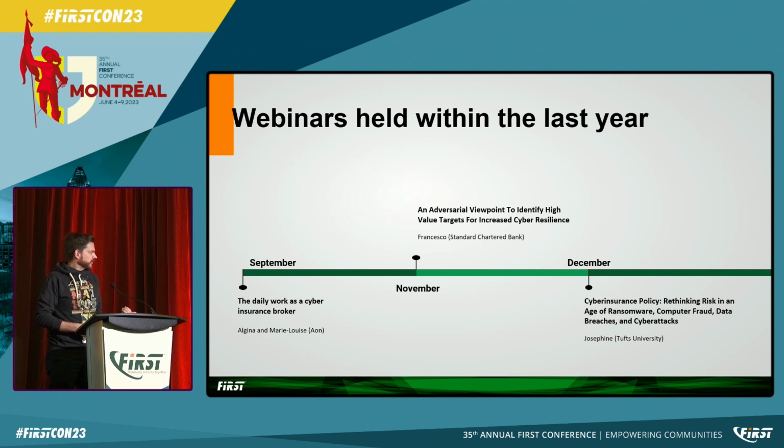So we had one by 2 colleagues from Aon, one of the largest brokers out there, more or less the man in the middle between the company that wants to get insurance and the insurer, explaining how the normal work of a broker looks like, what the challenges are, how they try to fulfill the needs of the company that wants to get insurance, and how to do the translation to the insurer on the other side. Then we had a quite interesting talk.